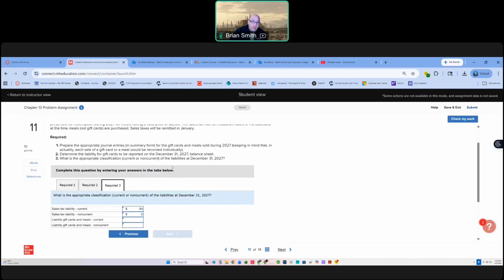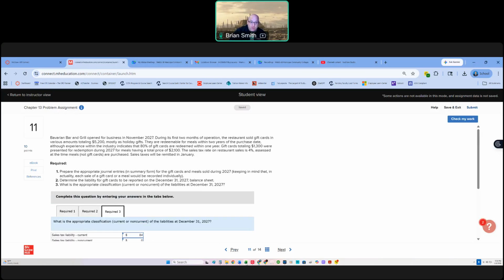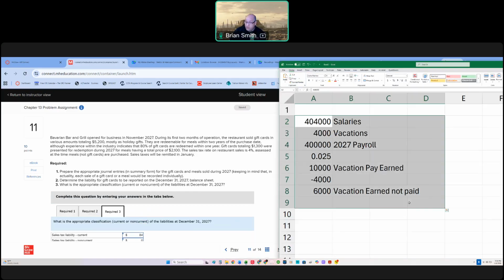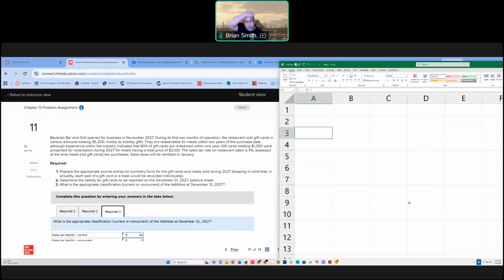This is the one I was thinking of initially, and I need to pull out Excel. Let me get rid of that salaries and vacation stuff. So we had 5,200 that we sold. Industry experience says we're going to redeem 80% of it within 1 year.